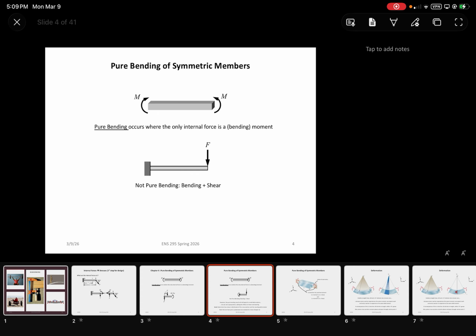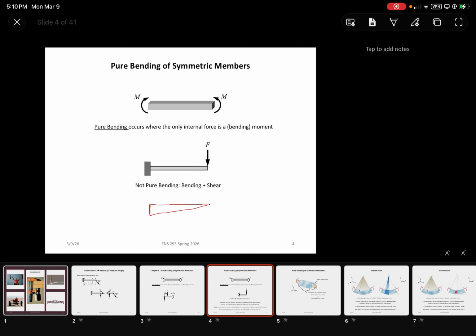All right. A good example where pure bending is not present is a cantilever beam with a fixed support. The reason is that when you draw an internal force diagram, your bending moment is going to be maximum here, and it's going to close out to zero here. The reason for that has to do with some assumptions we'll learn later on, I think in chapter 5, where the bending moment is a function of the shear force.